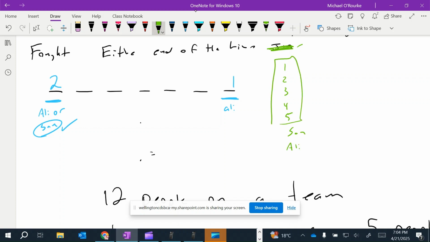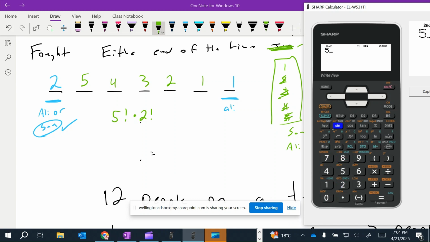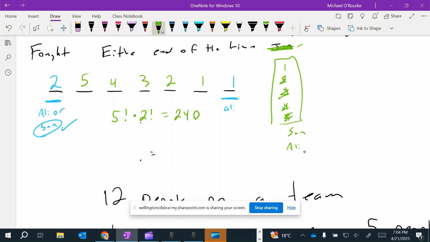So now we have 5 people left to go in these 5 spots. So we have 5 options to go there, 4 options there, 3 options there, 2 options, and 1 option. So that'd be 5 factorial times 2 factorial. Now if we did this on a calculator, 5 factorial times 2 factorial should get 240. So there's 240 different arrangements that we could set those friends up to be. Okay?